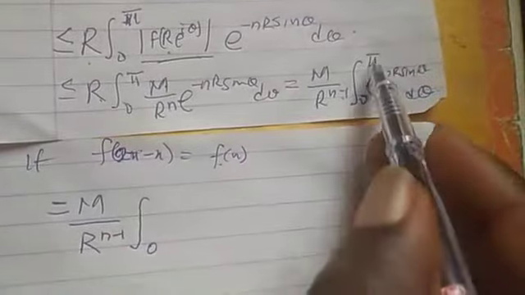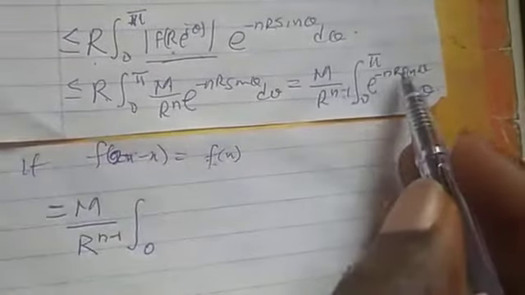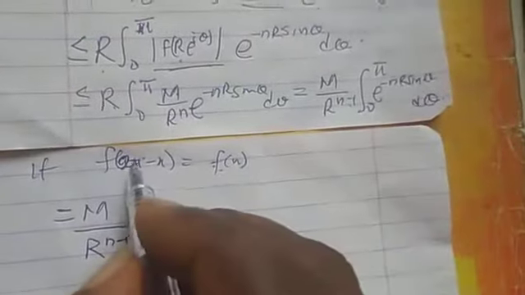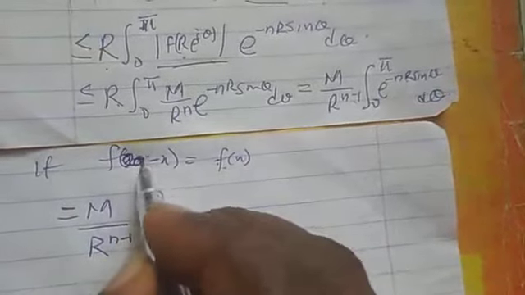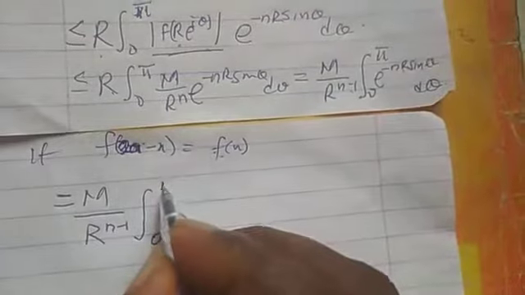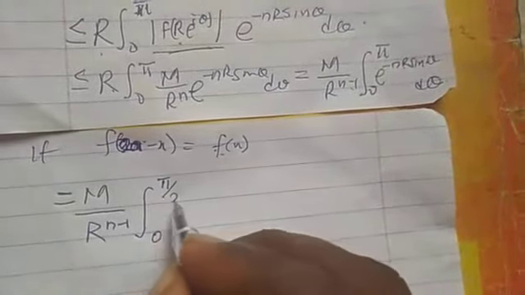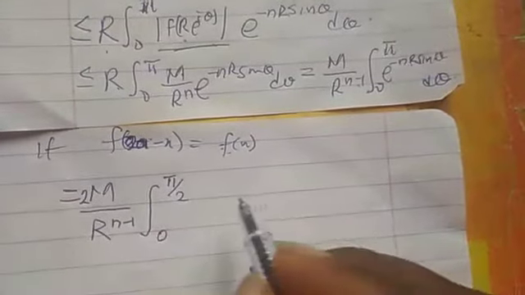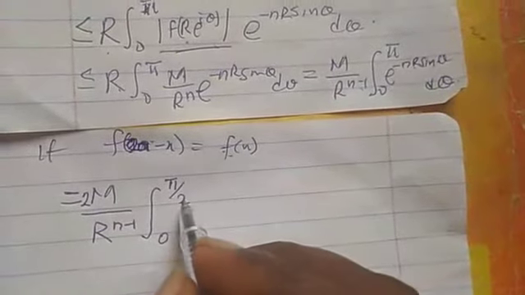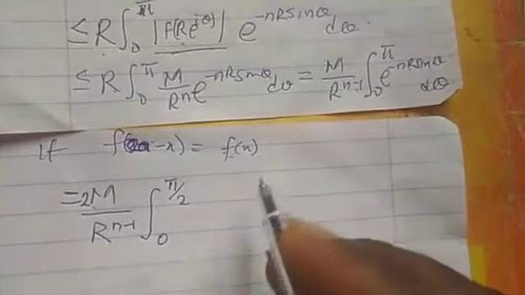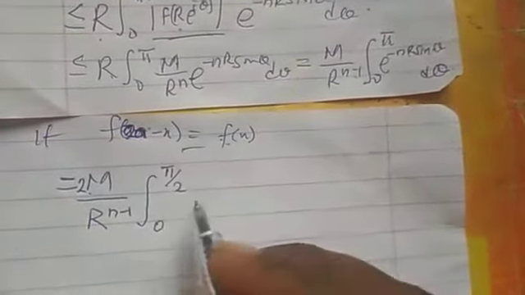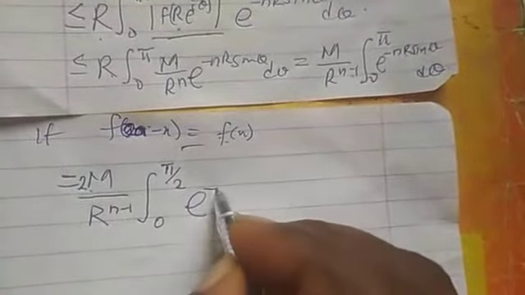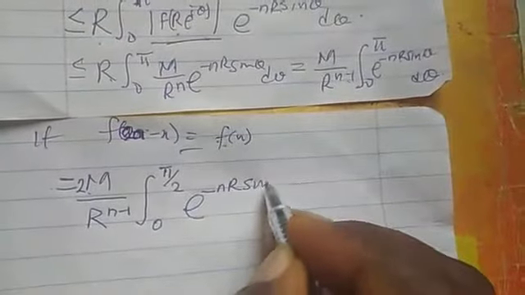What we are saying here is that this π, because this happened to sine θ, this exponential is f(2a), our a is the π here. I can turn this to π/2, and if I turn it to π/2, I have to put 2 here too. So I have divided by 2, so I have to multiply by 2. It's possible when we have this case in integration. This is e^{-nr sin θ} dθ.